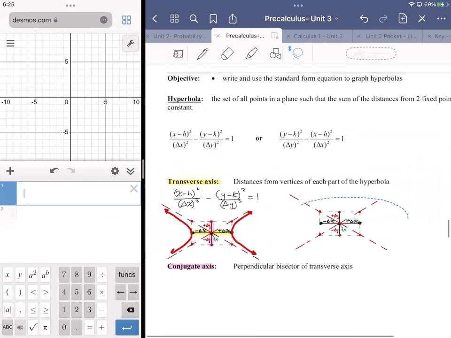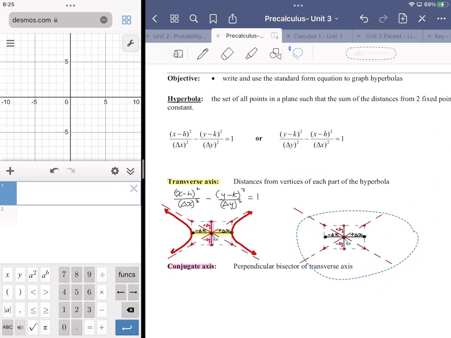I'm going to hang on to this for a sec. Now, that's one form of a hyperbola. I can give you a quick look at that.